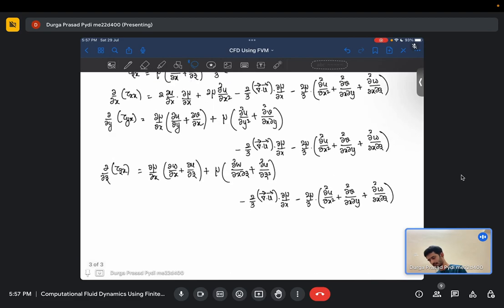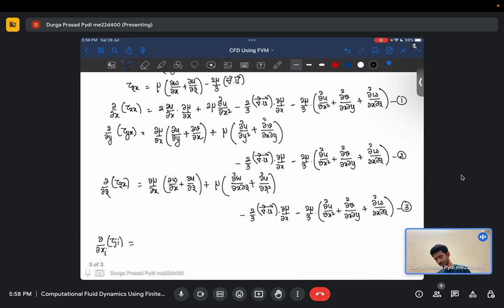Now when you take the summation of all these three equations, 1, 2 and 3, maybe I'll use the tensor notation. If you see the common terms over there, there is an expression that I would like to highlight.